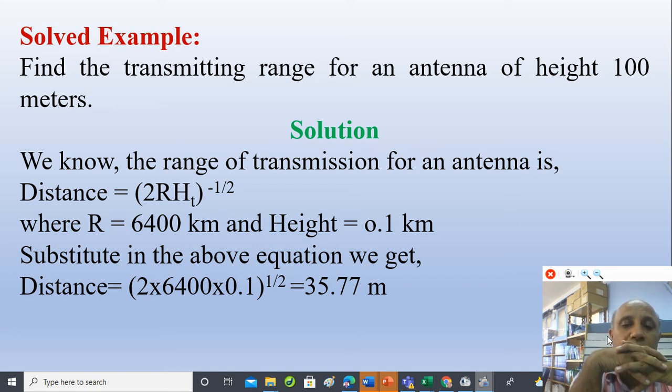All dimensions will be in kilometers. Then substitute in the equation above. By multiplication we found 35.77 kilometers. Here is a mistake; instead of meters, it is kilometers.